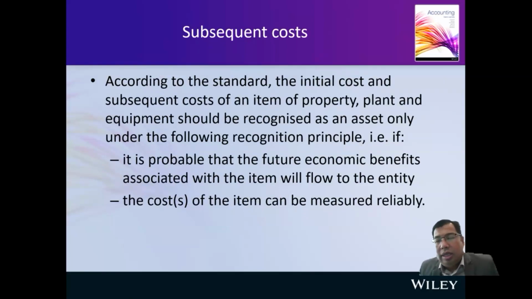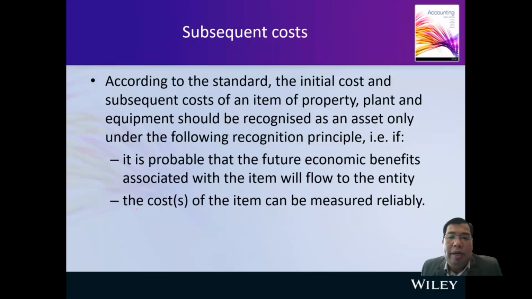Sometimes we have this issue of subsequent costs, whereby according to the standard, the initial cost and subsequent cost of PPE should be recognized only under the following recognition principle. It is probable that future economic benefit associated with the item will flow to the entity and we can measure the cost reliably.